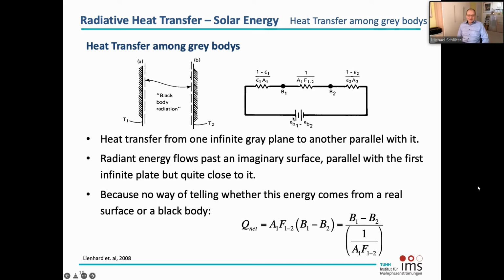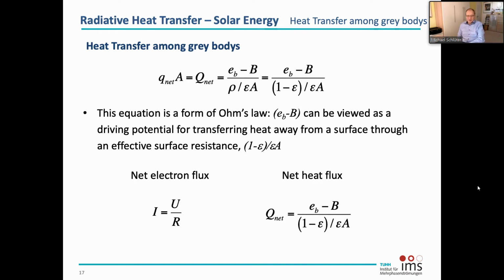Or maybe T1 to the power of 4 minus T2 to the power of 4 multiplied by Stefan's constant gives us directly this potential, and then we only need the epsilons, we need the view factor, and we can calculate the radiative heat transfer between these two plates.